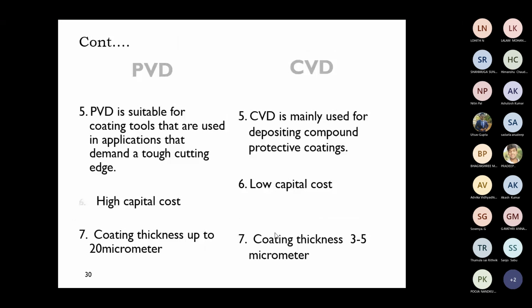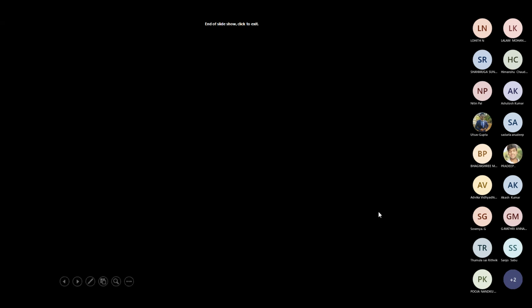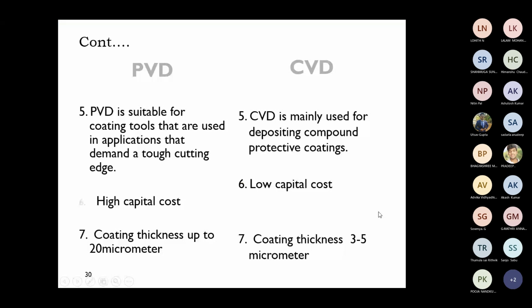PVD is suitable for coating tools used in applications that demand a tough cutting edge, and CVD is mainly used for depositing compound protective coatings. There is high capital cost in physical vapor deposition and low cost in chemical vapor deposition. Coating thickness is up to 20 micron only in physical vapor deposition, and in CVD we can easily reach 3 to 5 micrometer.